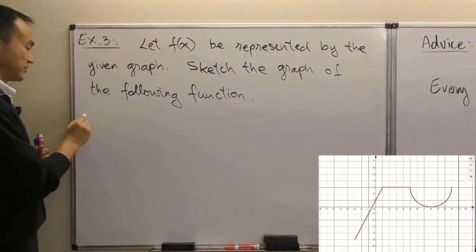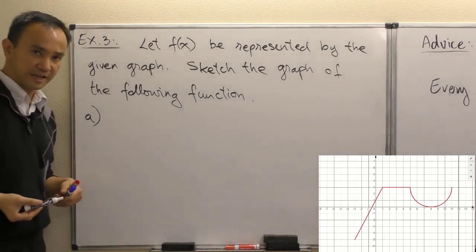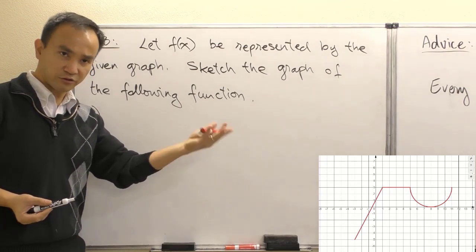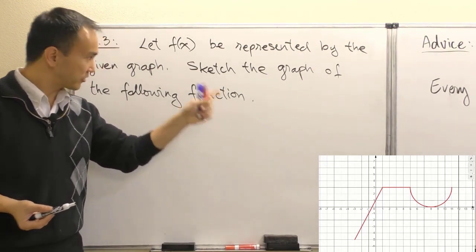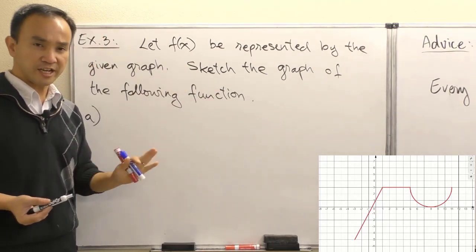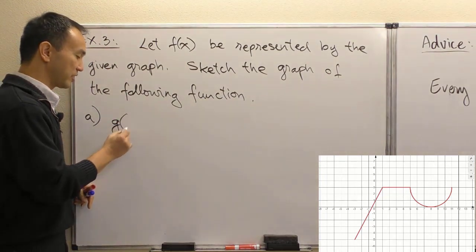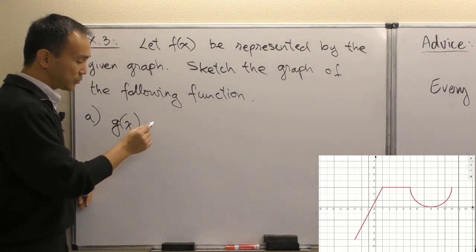All right, so now I'm going to start getting into part A of the example. You can think of this graph that you are seeing here as the graph that represents the parent function. F of x is our parent function. Just like how I've been doing throughout the lecture, now I'm going to call a descendant function g of x.